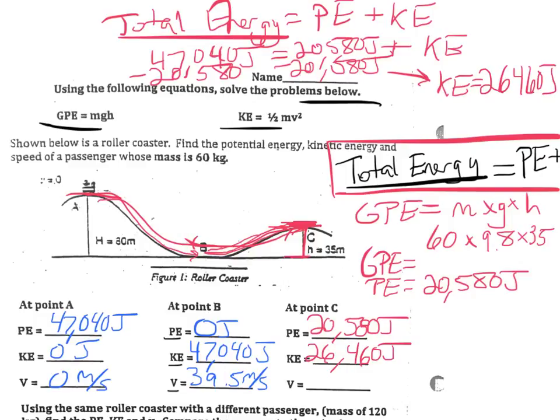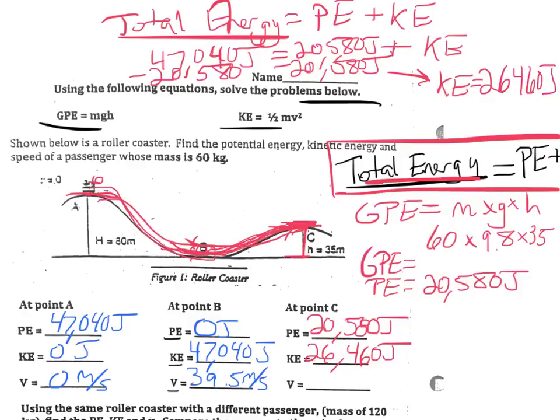So I see this roller coaster had all potential energy, converted all of it into kinetic energy at the bottom. All of its energy is in motion, and then as it climbs back up, it's storing some of that energy again in that gravitational potential energy by climbing higher, and it slowed its speed down. And using this relationship of total energy, I found that the kinetic energy was 26,460.